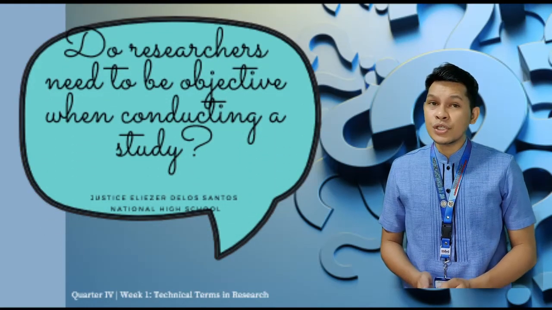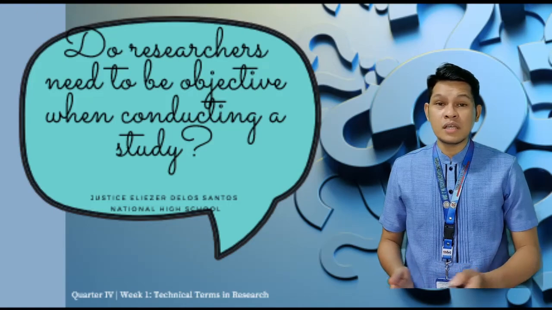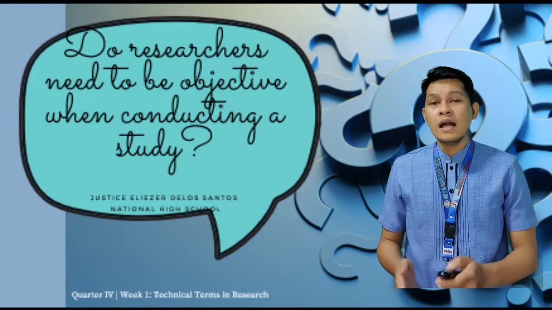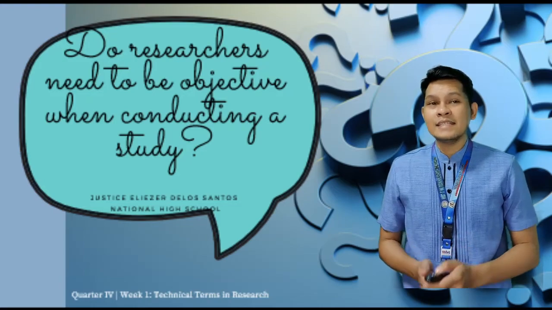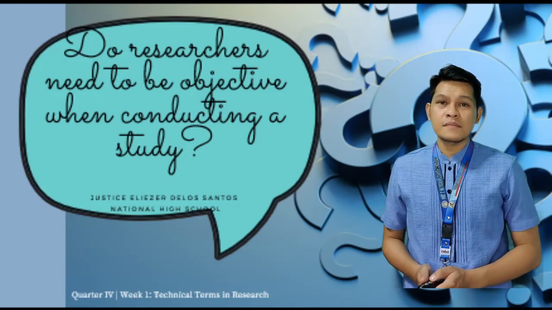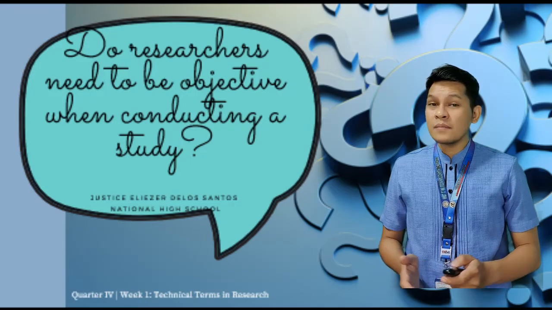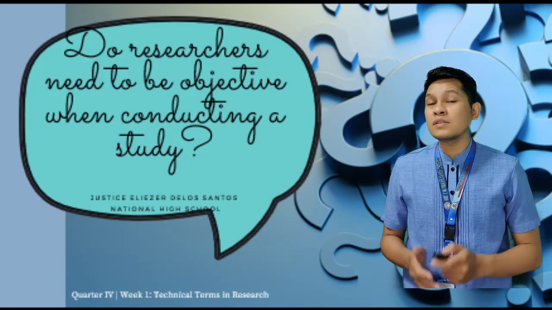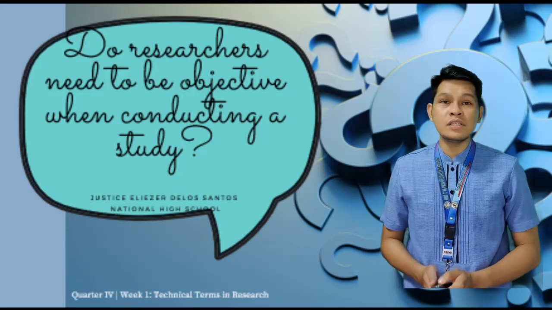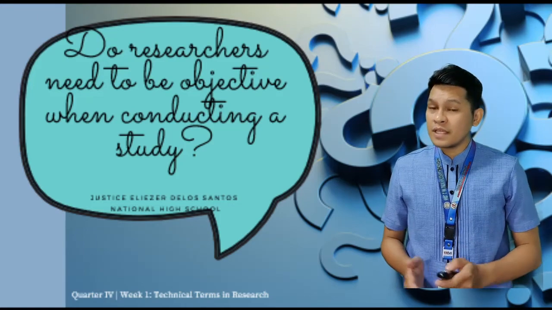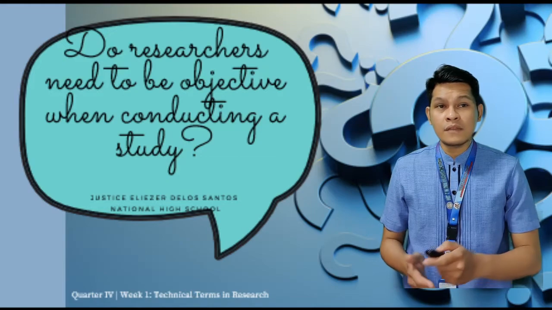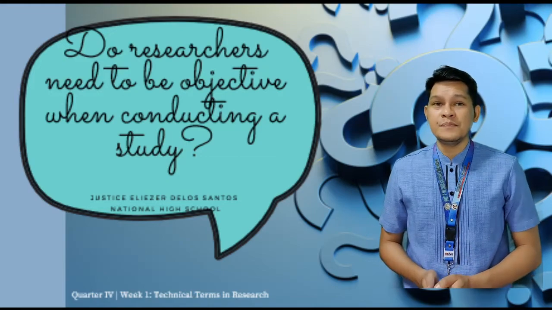Another question is from Justice Eliezer de los Santos National High School. Do researchers need to be objective when conducting a study? Well, let's first clarify several principles that guide an answer to this important question. A procedure or outcome is objective only when its truth or reality conditions are met without bias, being introduced by an investigator either inadvertently or intentionally.